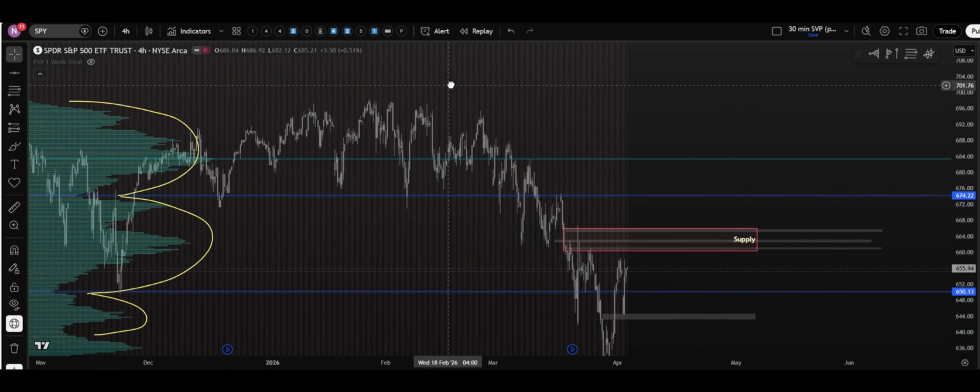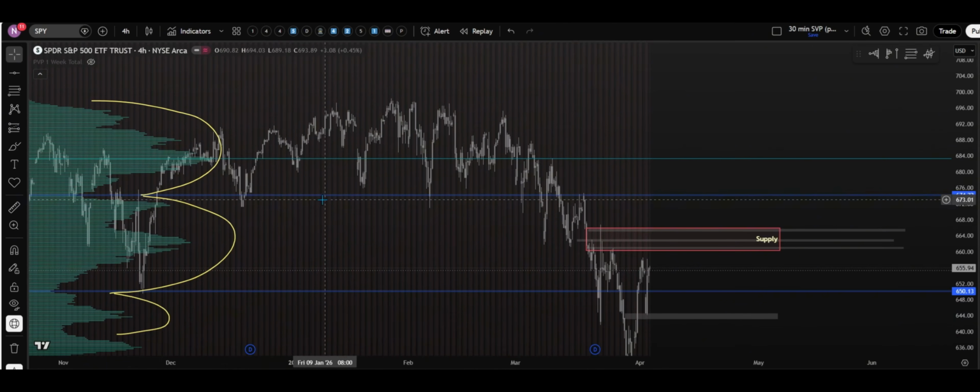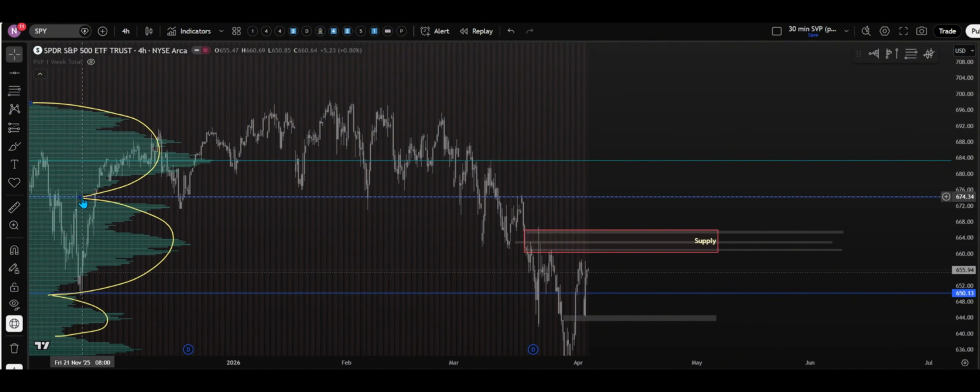Over here, we're still kind of making higher highs and higher lows, but the market seems to support this low volume node right here, roughly around 674, for a while. So all this time you're longing those low volume nodes, and longing that low volume node here. And then around here, I was like, okay, we've been topping out around here for a long time. I'm not going to long the bottom of those low volume nodes anymore. It might potentially break.